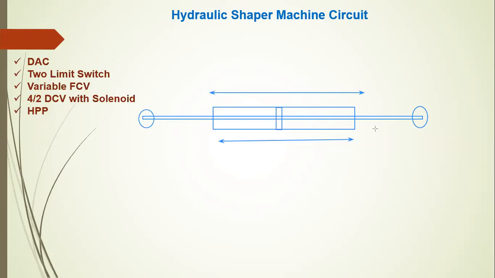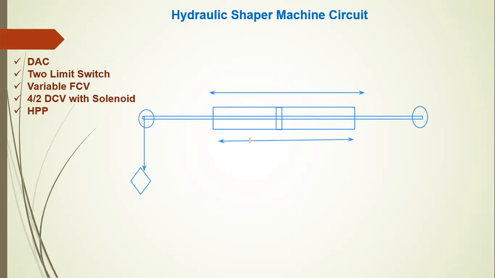Here the cutting tool is fitted into the tool post, the tool post is in the clapper box, and the clapper box is directly attached to the hydraulic ram, which is reciprocating. On one side of the double acting cylinder one cutting tool is attached, and it cuts the metal from the workpiece.